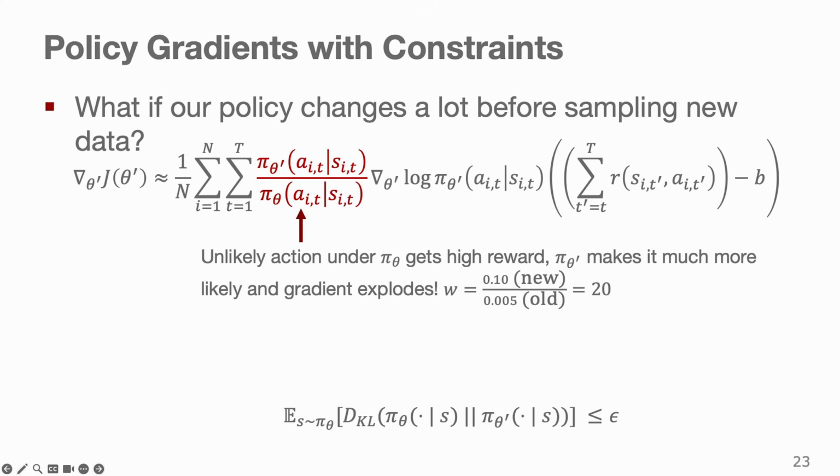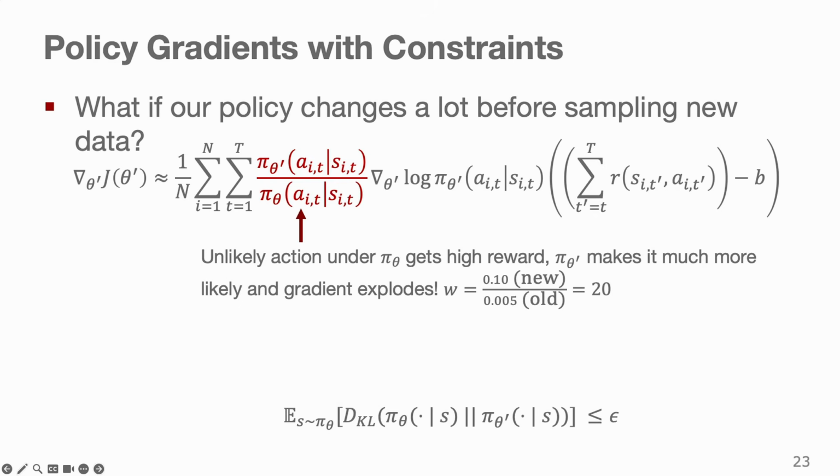Here is a specific failure mode example: imagine that you have some action that was unlikely under the old policy, but it gets a high reward, so the new policy gives it higher probability, and then the importance weight will become very large, let's say 20 in this case. This will be really bad, because now your gradient estimate will explode if the importance weight is very large.